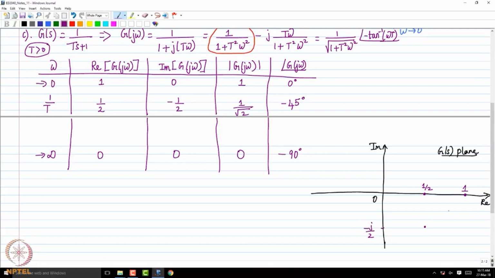And then 0 and 0 is also important because that is what happens when omega tends to infinity. So, this is omega tending to 0.